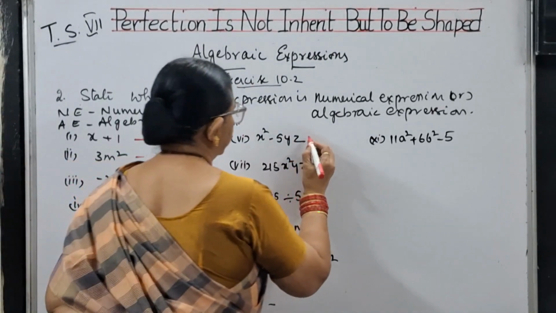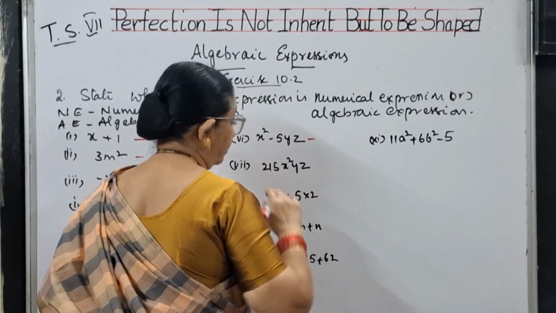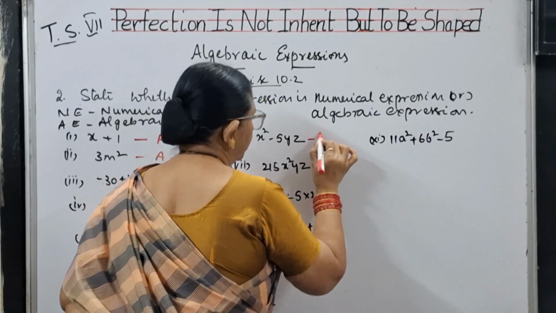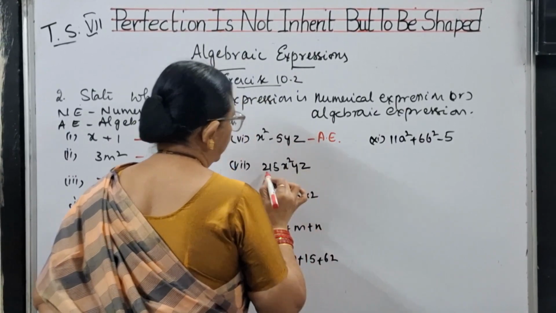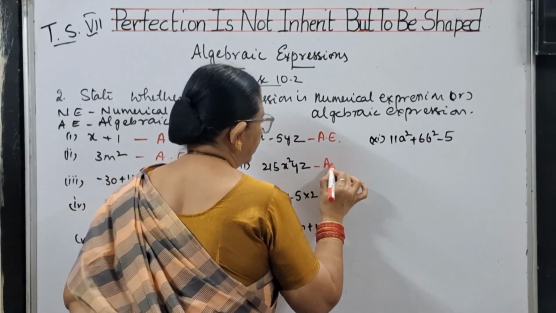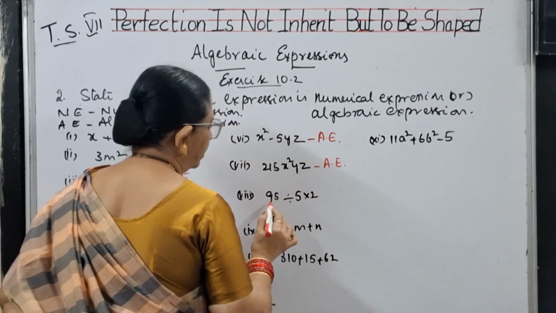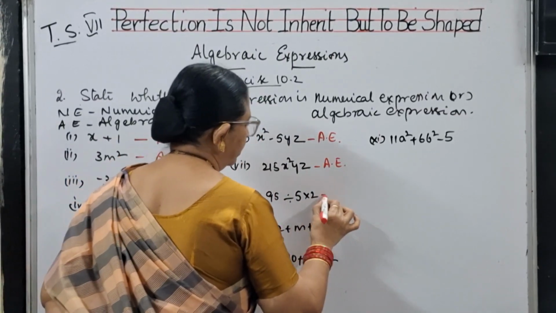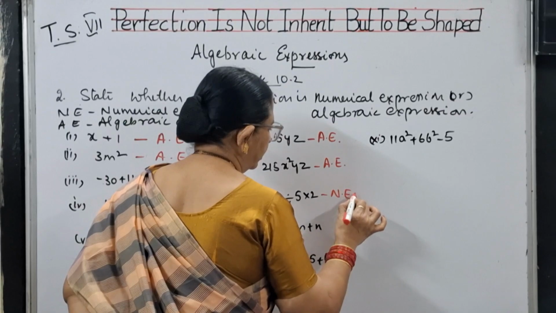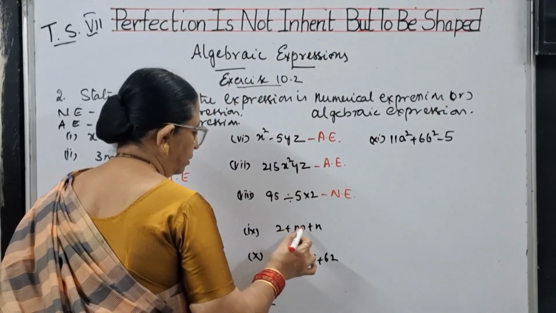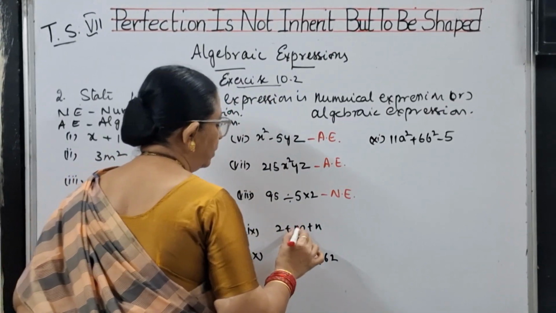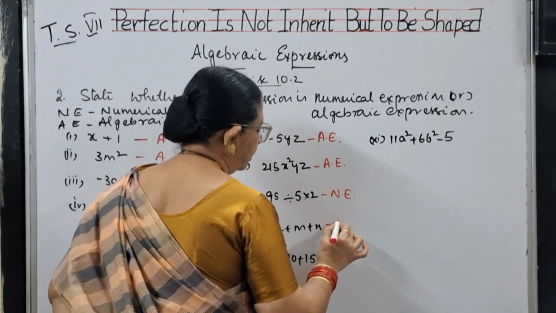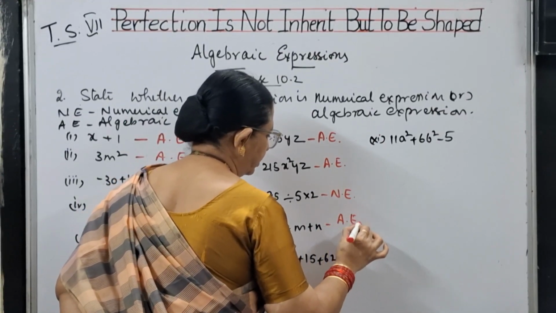Here this is having variables, so algebraic expression. And this is also having variables, so it is an algebraic expression. Here only numbers are there, so it is a numerical expression. This is a number with algebraic variables, so it is an algebraic expression.